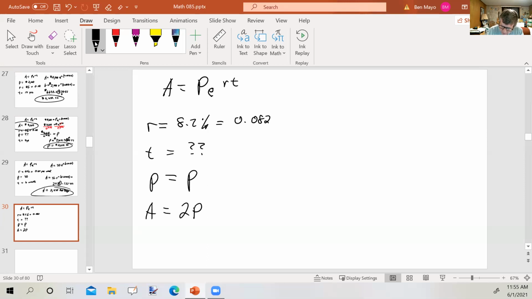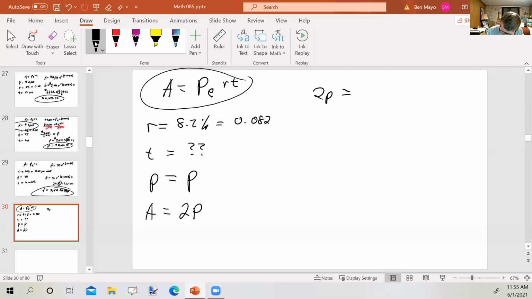Using this formula, we're going to substitute 2P in the place of A. So 2P equals P times e to the 0.082 t power. We're trying to solve for t.